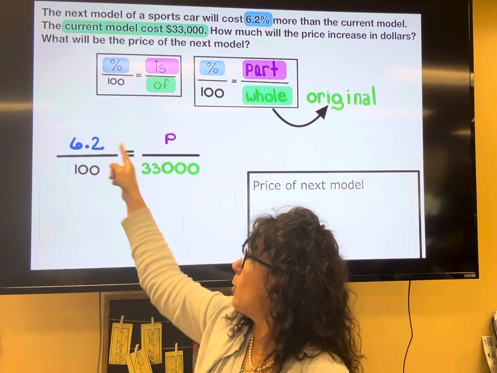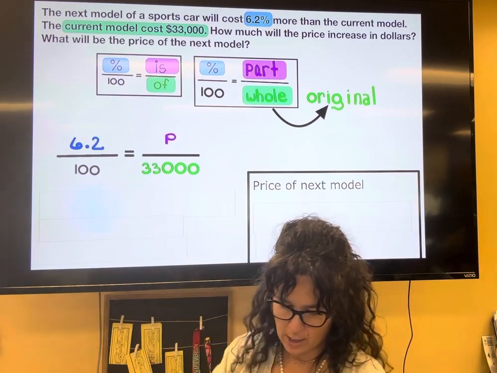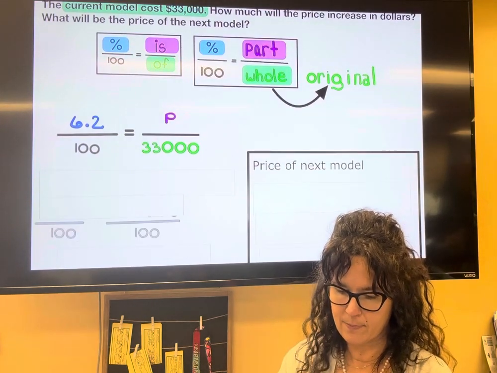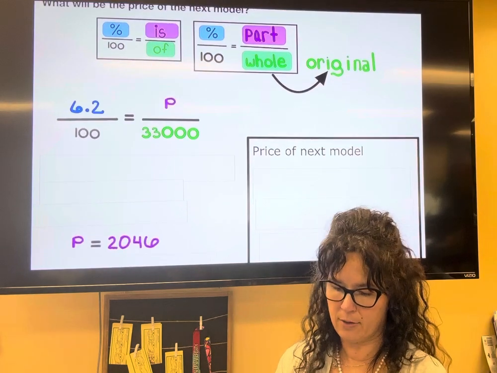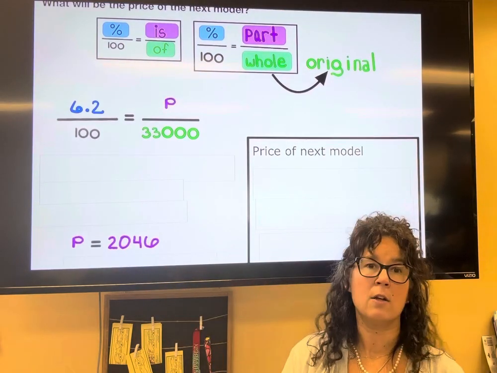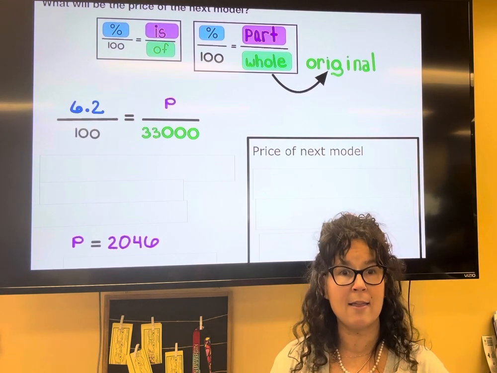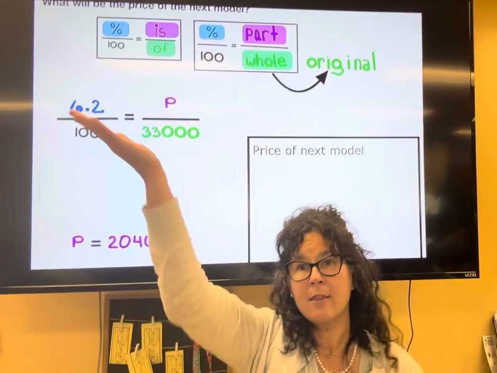So I'd take 6.2 times 33,000 divided by 100. If you ended up doing that, you're gonna end up here with 2,046.